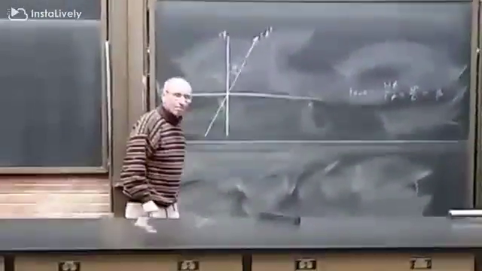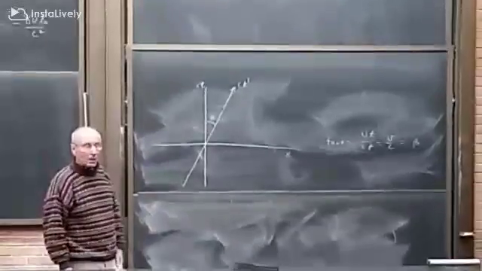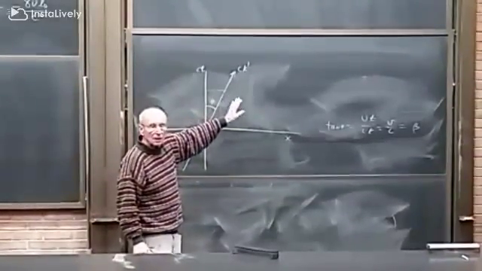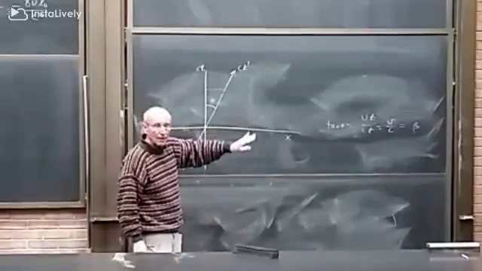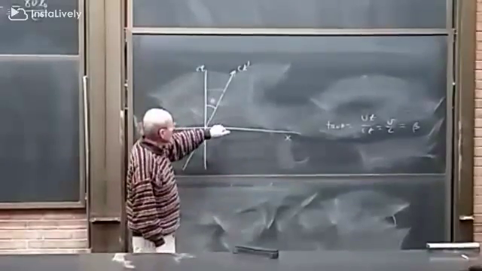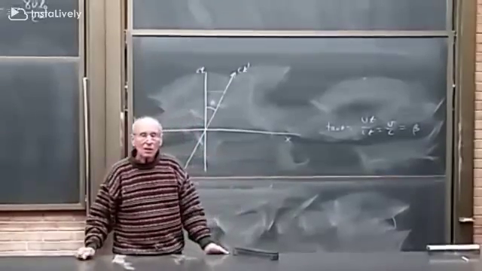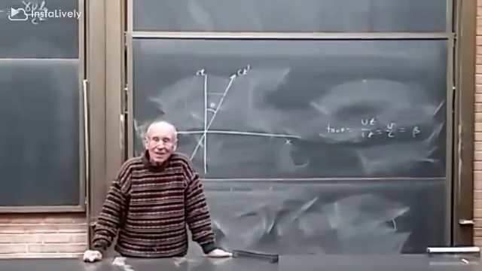So, this is the axis ct prime, because that is the line along which the origin is moving in the time direction. Now, in the S prime system, what does the speed of light do? Nothing.